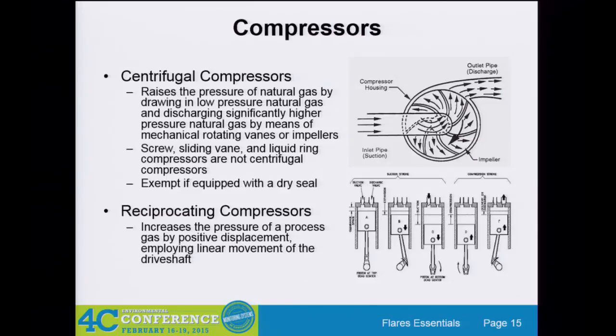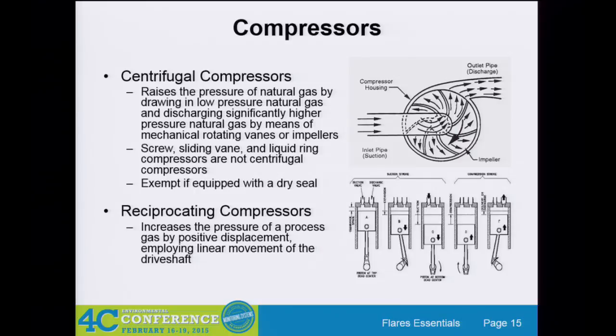So centrifugal compressors, I don't see a lot of those. In the natural gas true boosting stations that are along the transmission line, moving the gas from the field to the natural gas processing plants, you're going to see maybe some centrifugal compressors there. You're going to see them in natural gas fractionation plants.